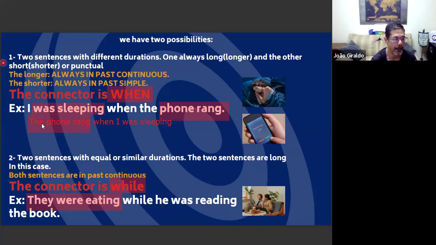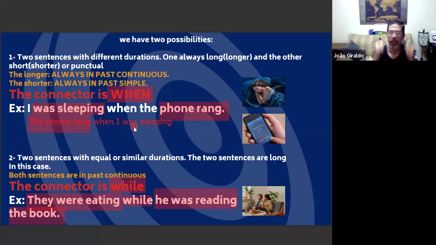And they were eating while, my connector here, the continuation, the other action. He was reading the book. Okay? And again, people, the order makes no difference.